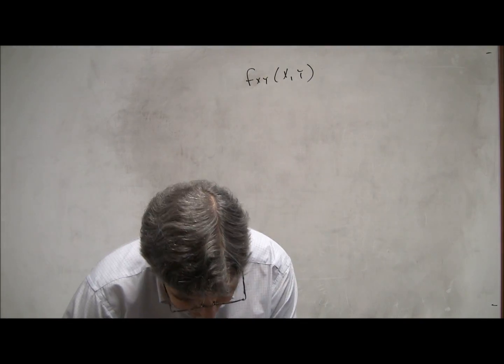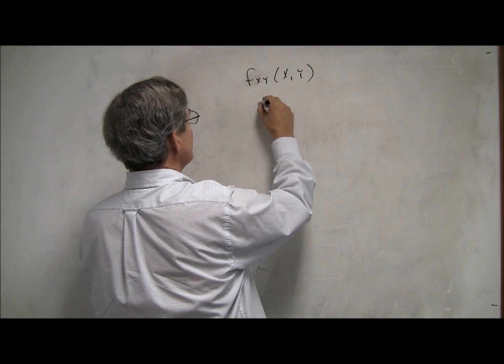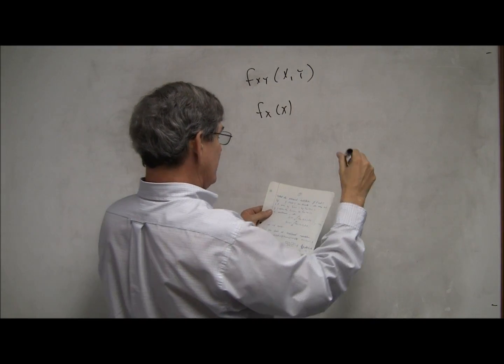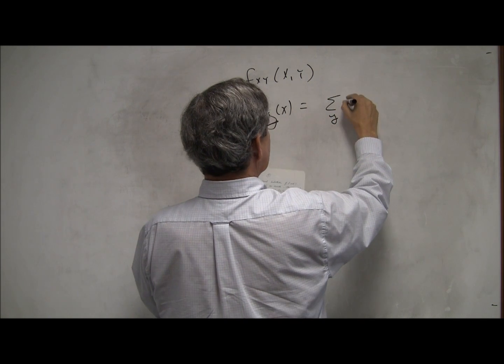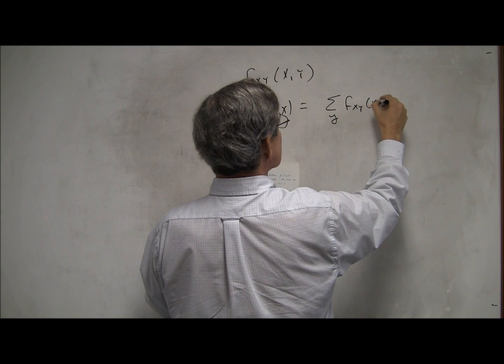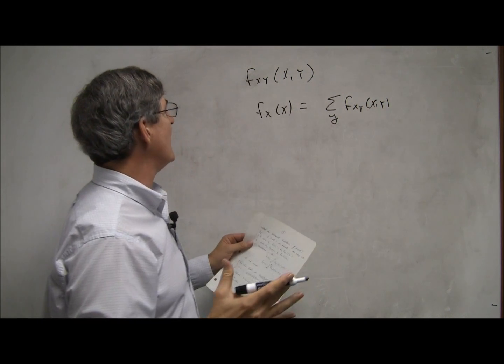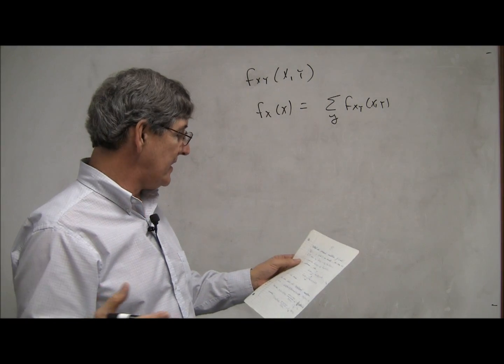Then we talked about marginal distributions, and we said that the distribution of x can be obtained from the joint distribution. What you do is you sum over y of the f xy of x and y, and we did an example of that. So if you're not sure about this, go back and look at the example at the end of the last video.